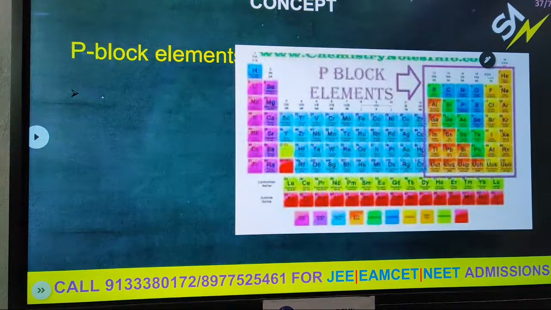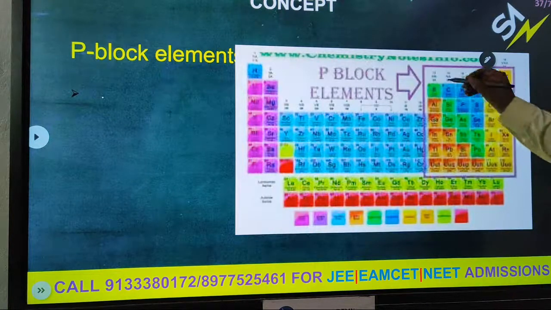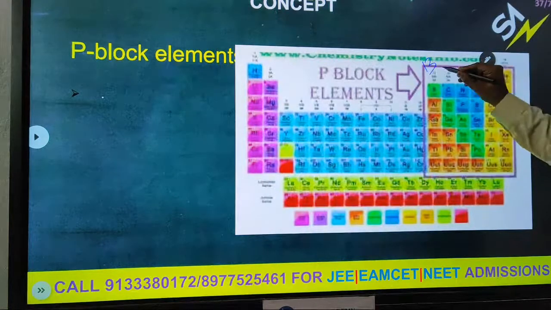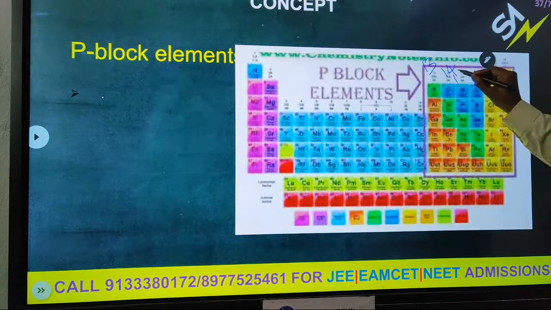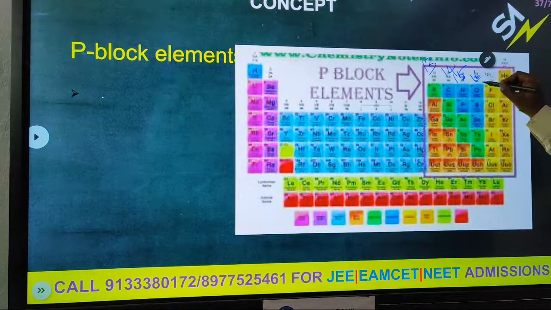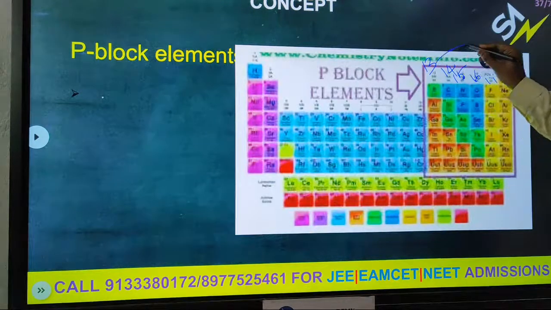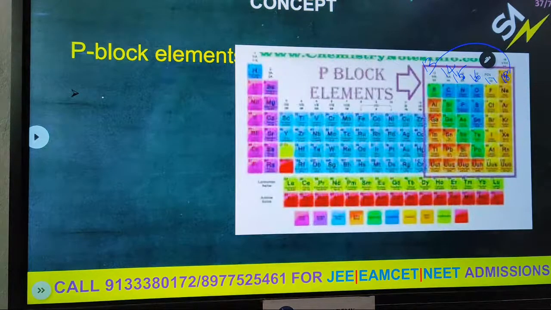See, this is the modern periodic table. In the modern periodic table, group number 13, 14, 15, 16, 17, 18. So group number 13 to 18 elements are called P block elements.